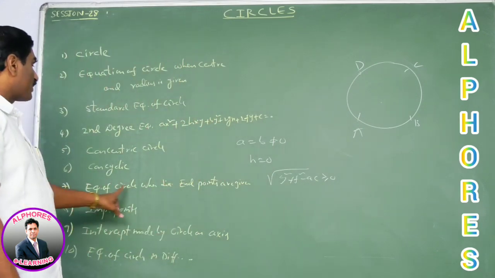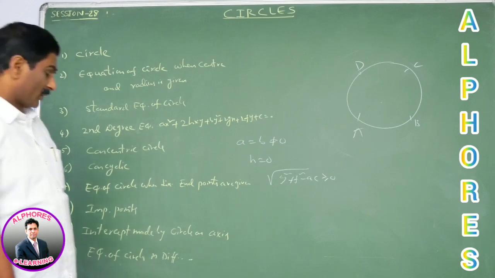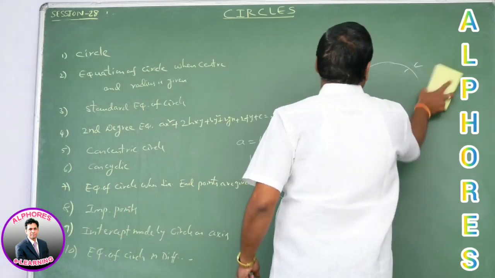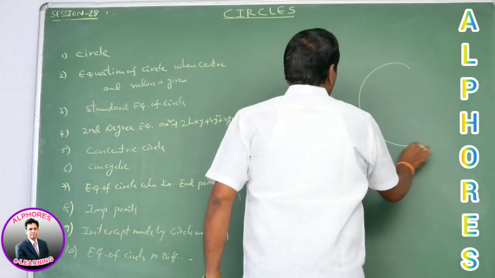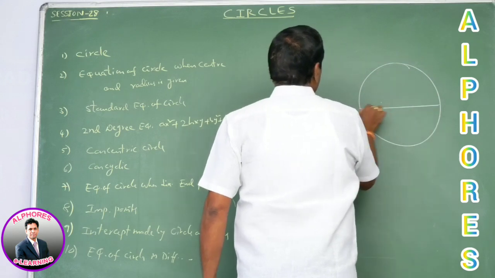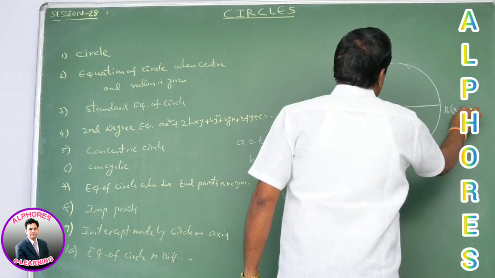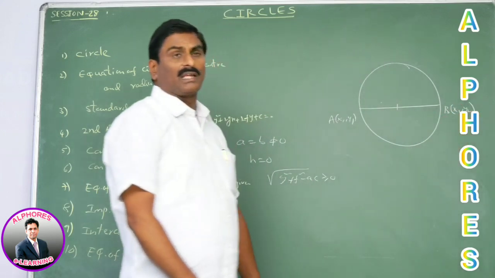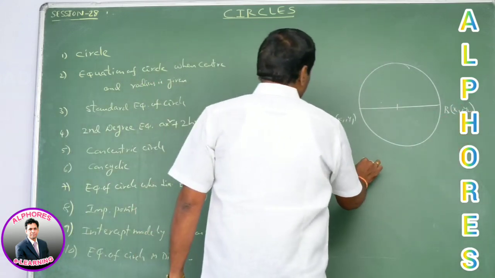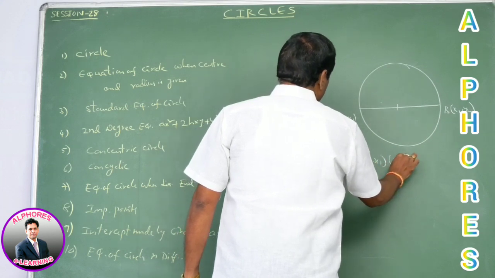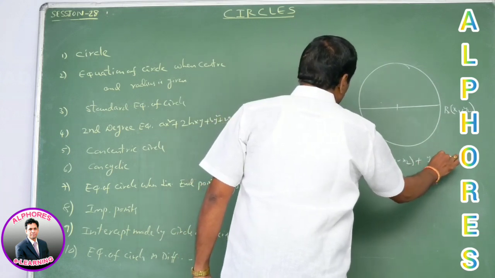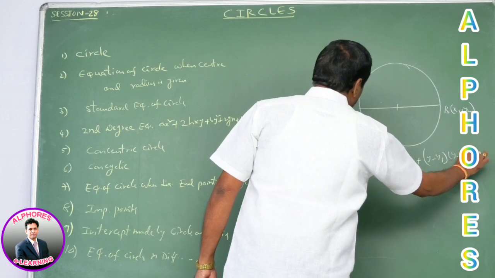Next, the equation of the circle when diameter endpoints are given. Suppose A(x1, y1) and B(x2, y2) are the endpoints of the diameter of a circle. Then the equation of the circle is x minus x1 into x minus x2 plus y minus y1 into y minus y2 is equal to 0.